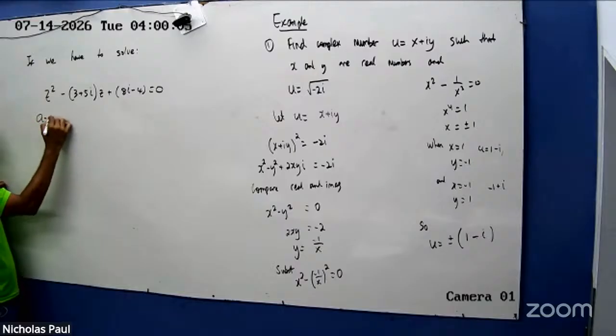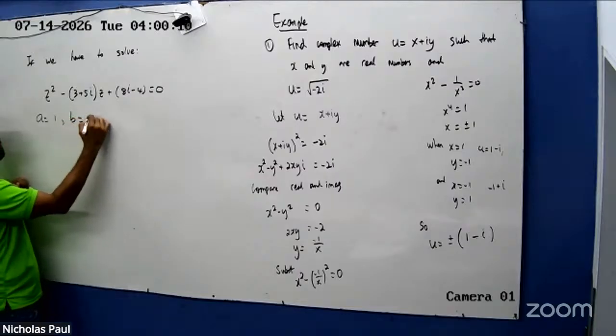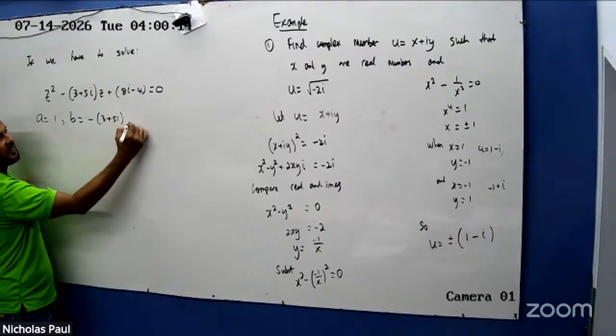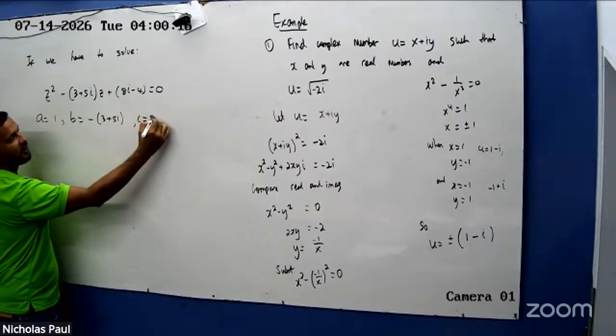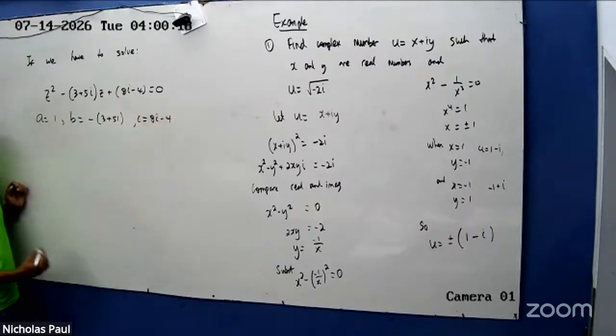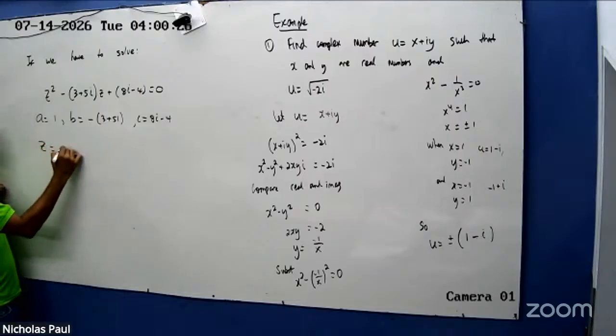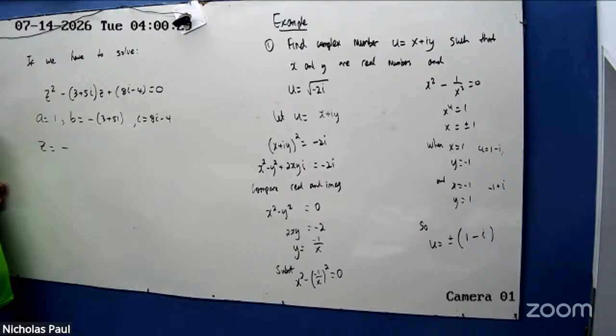A is 1. B is what? Minus 3 plus 5i, and C is what? 8i minus 4. So how do you solve a quadratic? Use the formula: minus B plus and minus, and so on. Go ahead, use the formula and see how it simplifies out.